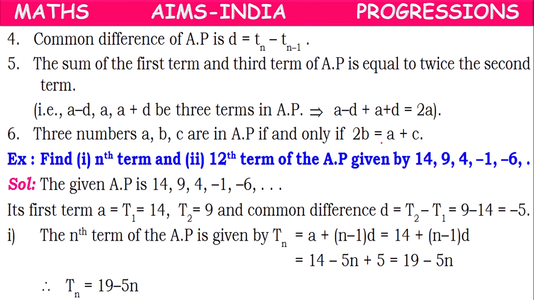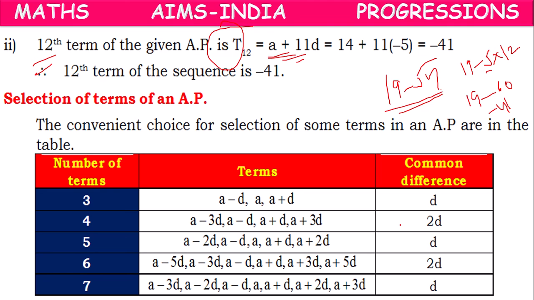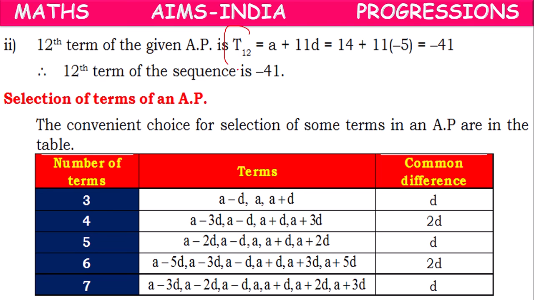So with the help of the nth term, we can find it directly, that is one method. Or T12, the 12th term, means a plus 11d, 14 plus 11 into the common difference minus 5. Like this also we can simplify and get the value as minus 41.